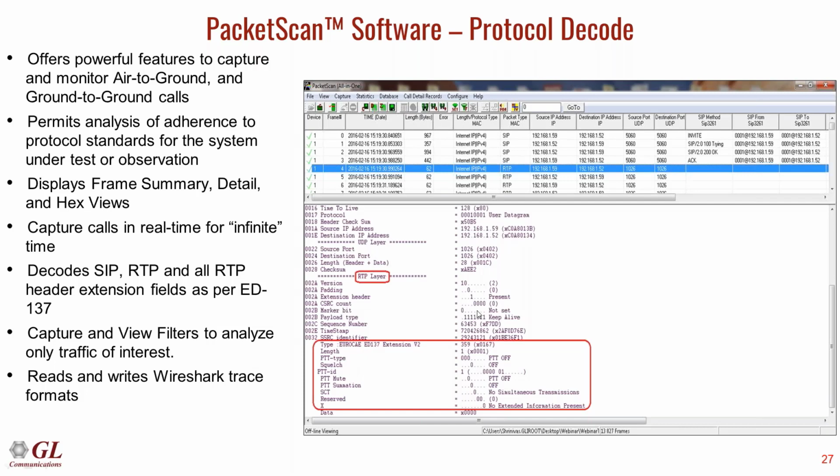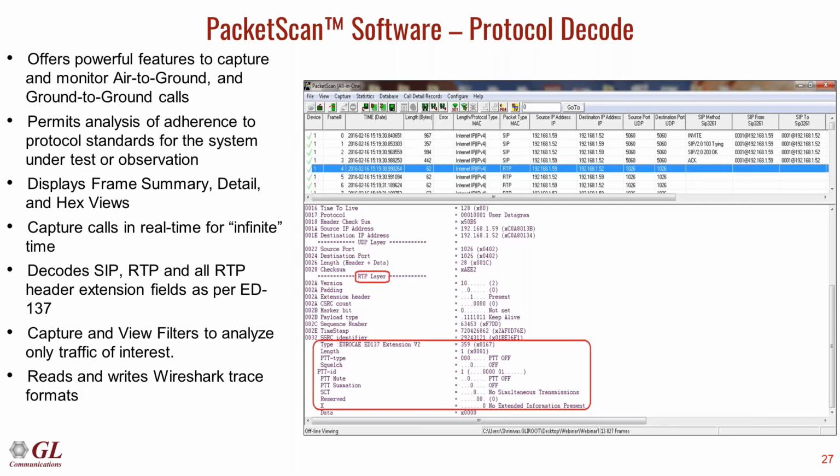Apart from this, we also have capture and view filters that will allow you to capture the traffic of interest. For example, air to ground and ground to ground calls involve only SIP and RTP traffic. If you apply those filters, it will reject all the other traffic and just capture the SIP and RTP traffic, which is of interest.